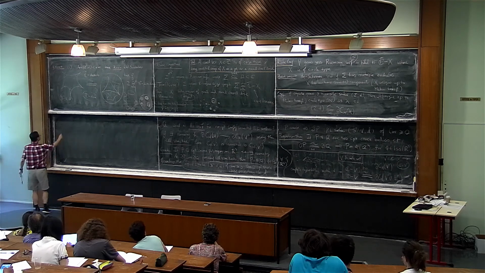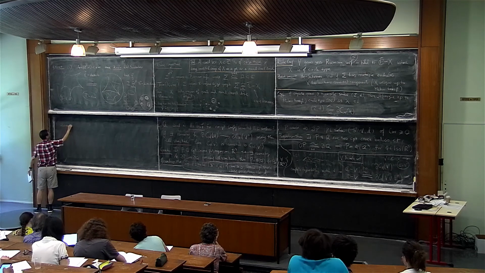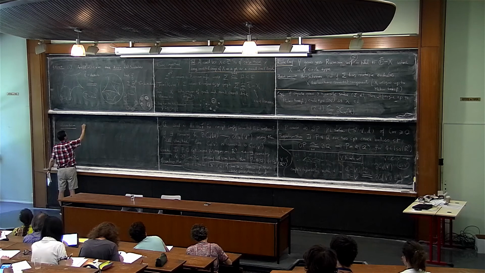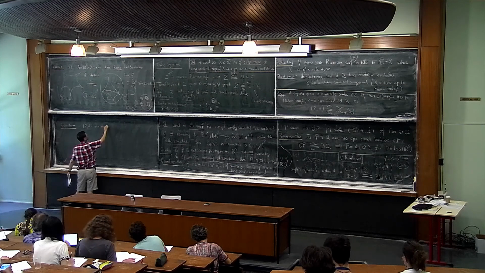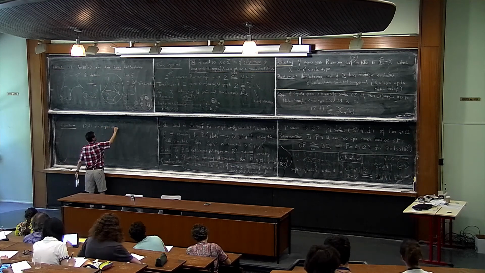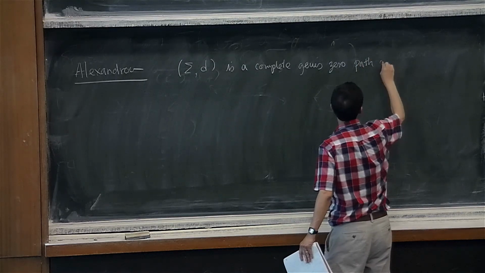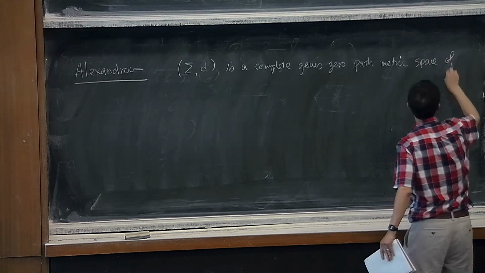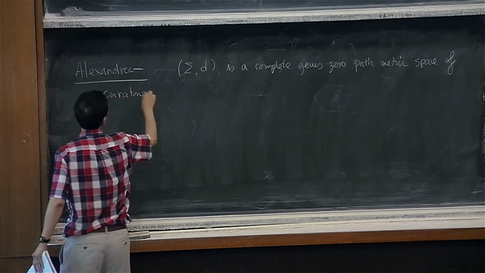And so these are sort of the supporting evidence of this conjecture. So here is the Alexandrov theorem. Suppose sigma D is a complete genus 0 path metric space of curvature defined in the path metric sense.